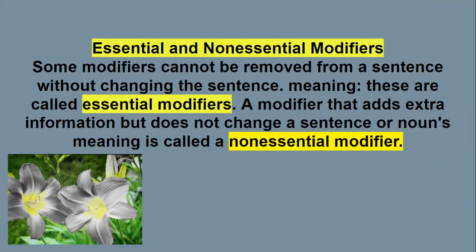A modifier that adds extra information but does not change a sentence or a noun is called a non-essential modifier. So if you take out a word and it changes the meaning of that sentence, it is an essential modifier. If you take something out of the sentence and it doesn't change the definition, then it's non-essential.